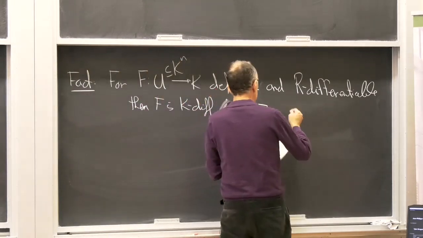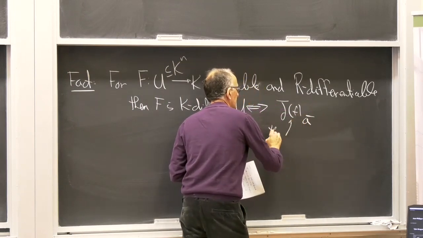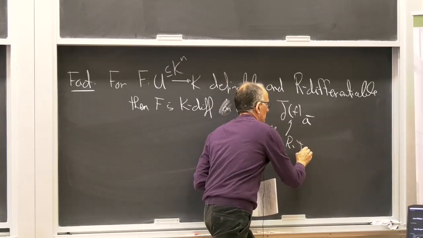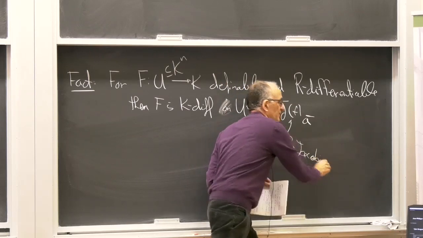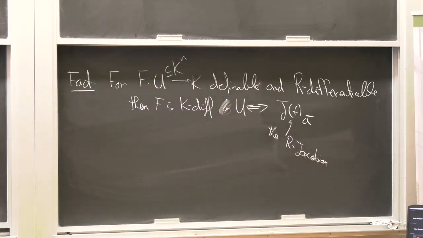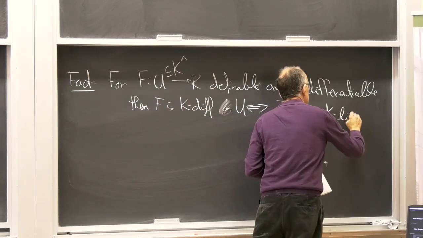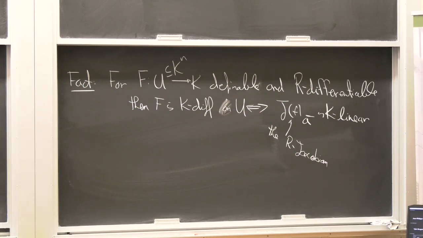Or said differently, the real Jacobian of f at a, viewed as a linear map from K^n to K^n, rather than R^{2n} to R^{2n}, is K-linear. So this is like the Cauchy-Riemann condition. It means that the matrix looks like a matrix of a linear function with K coefficients.